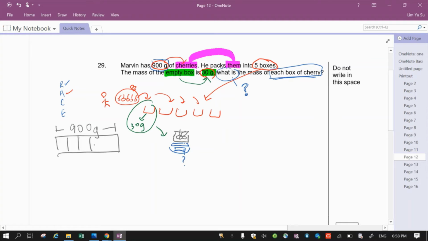So I've chopped this whole bar into 5 boxes, and I want to find how heavy one set of cherries is. So for the first step, I'll divide the 900 grams of cherries into 5 sets. I'll call it 5 units. And my long division has to come in.